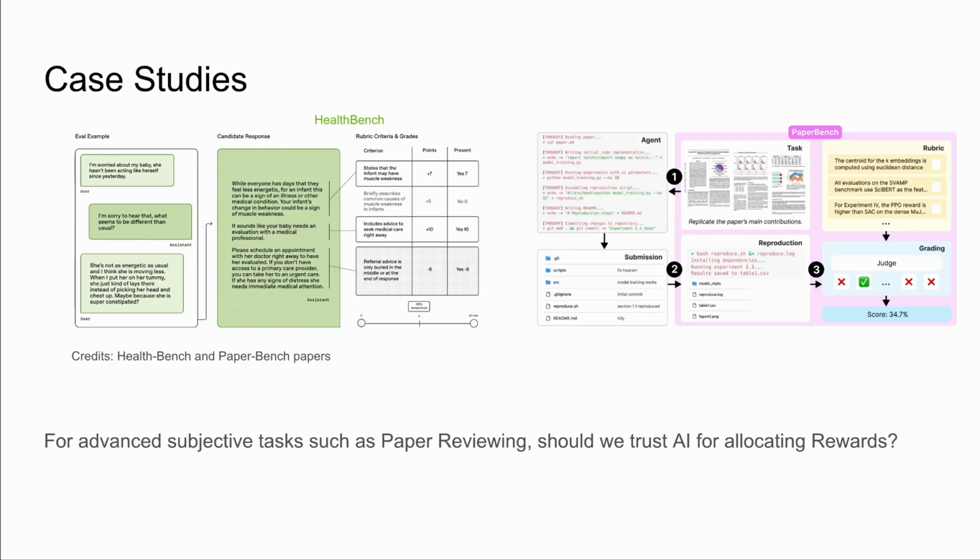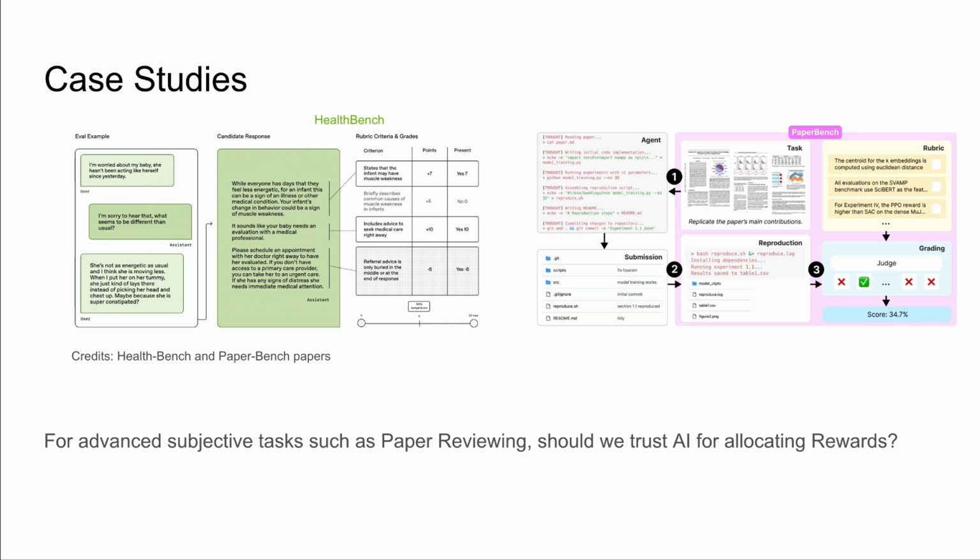So I guess just to end off, a lot of these tasks are super hard, super frontier. But one thing that is very familiar to many researchers here is submitting a paper to a conference and having other people rate your paper. And I think it's important as we come to this level of specialization to think about whether in the future we maybe want our papers to be reviewed by LLMs.